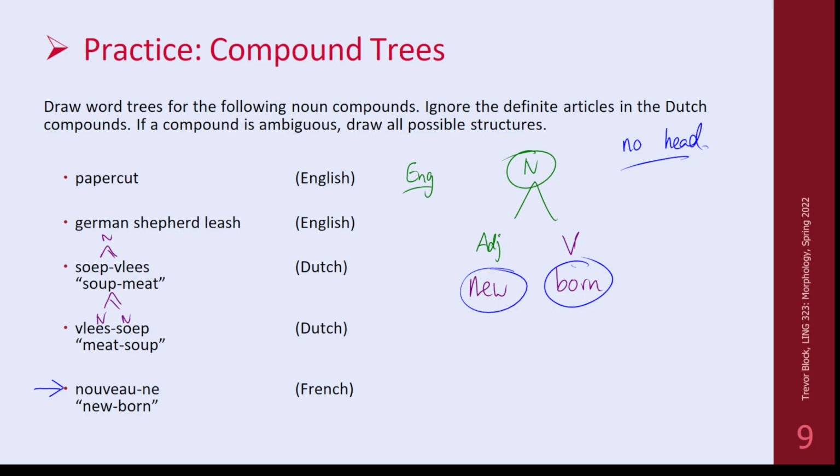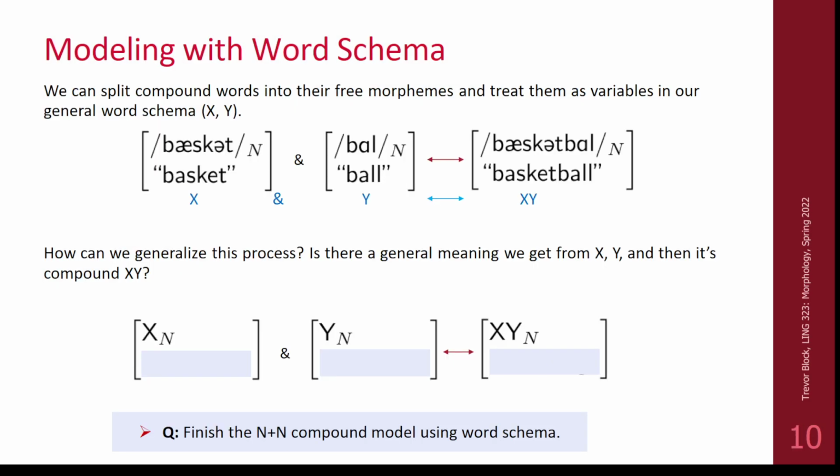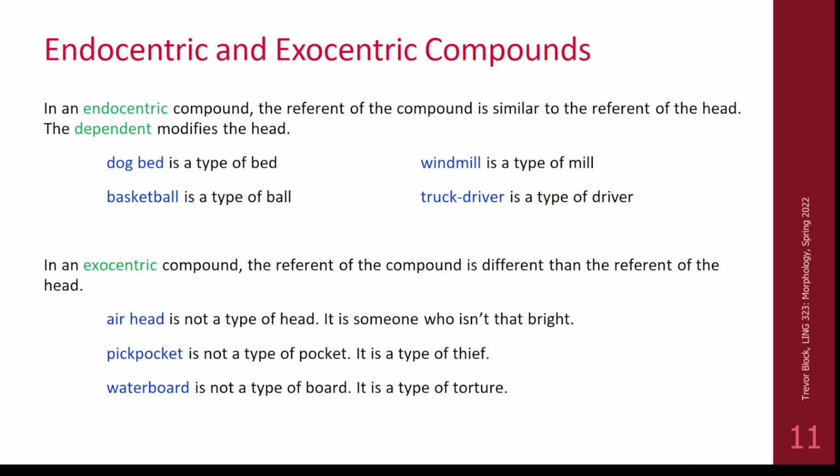And that's okay. If we do this in French, we get a very similar analysis where we get an adjective, and instead of a verb or a noun or whatever, we would get a particle. Ne is a particle. And this gives us a noun in the end. So same thing whether you do it in English or French. I'm going to come back to this.